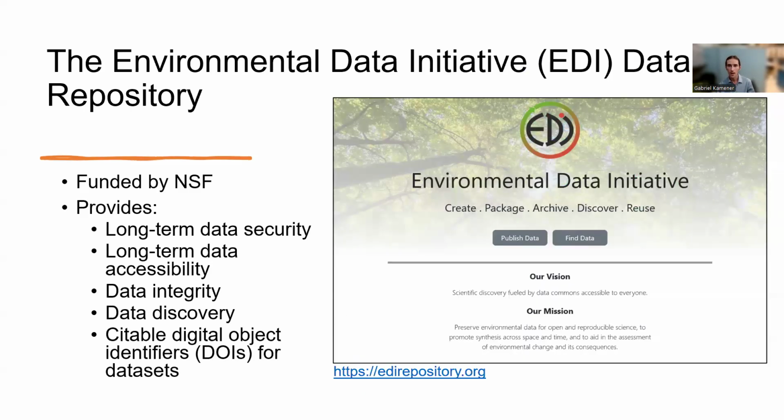And FCE primarily publishes data in the Environmental Data Initiative data repository, and the EDI is funded by the NSF. The repository provides long-term data security, long-term data accessibility, data integrity, data discovery, and citable digital object identifiers or DOIs for data sets, which is what I mentioned you will need when citing data in a paper.